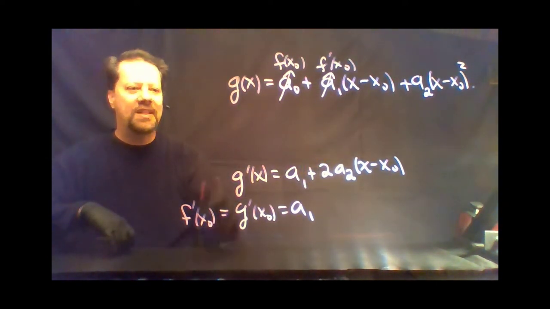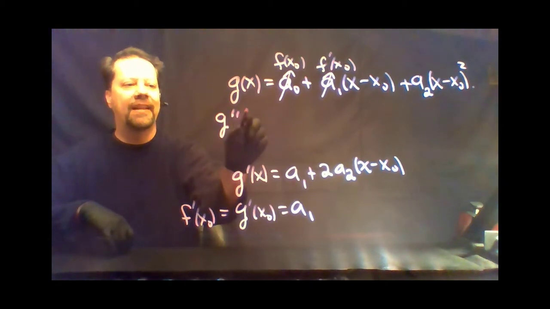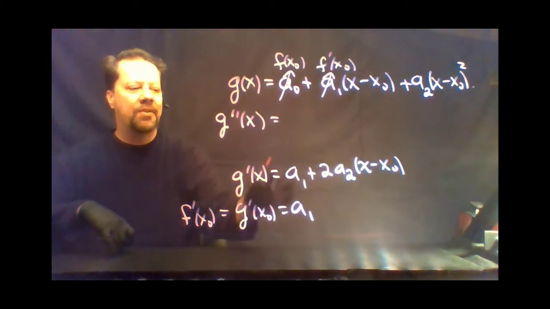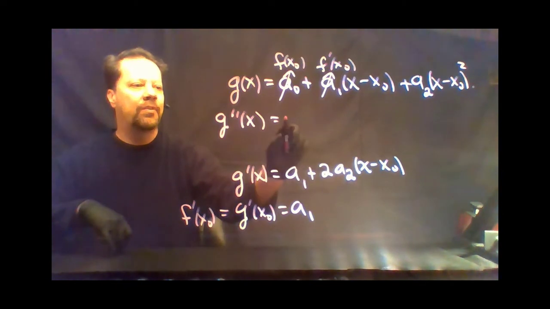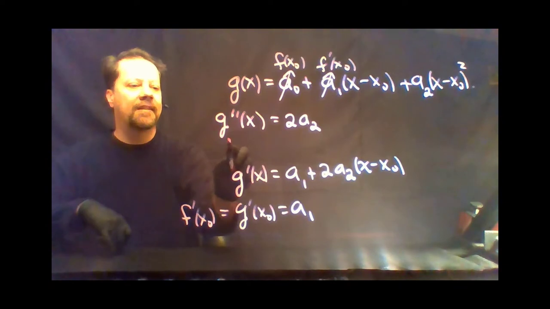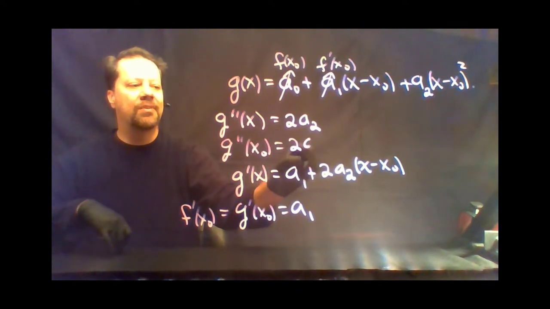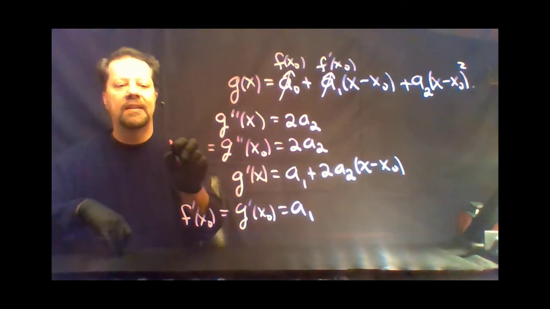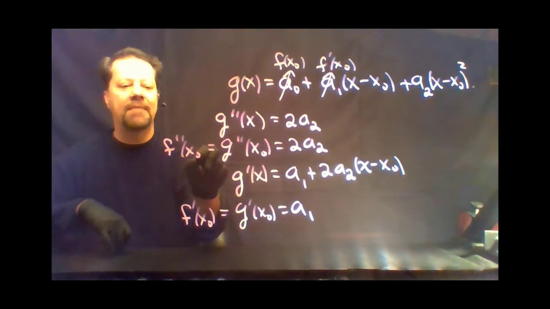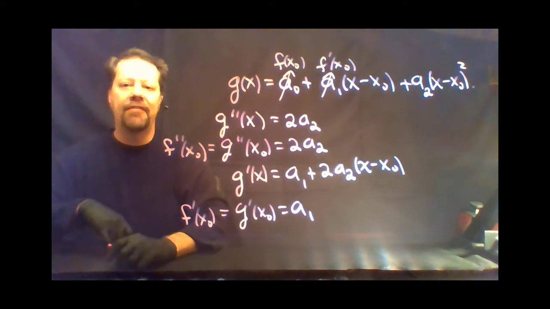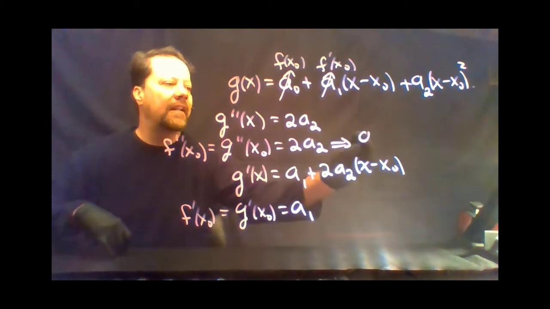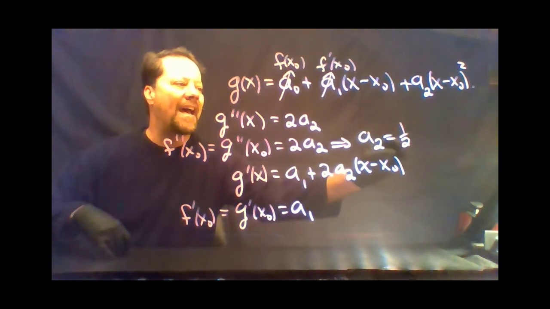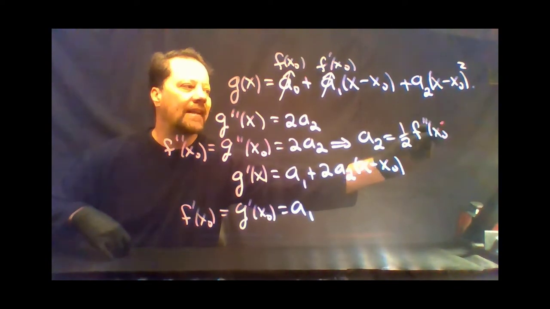We seek a polynomial that matches the concavity. So calculating the second order derivative, we get twice a2. That means that if we evaluate the second derivative at x naught, we don't get a2, we get twice a2. And we demand that that be the same as the second order derivative of f at x naught. It follows then that a2 is 1/2 f double prime at x naught.